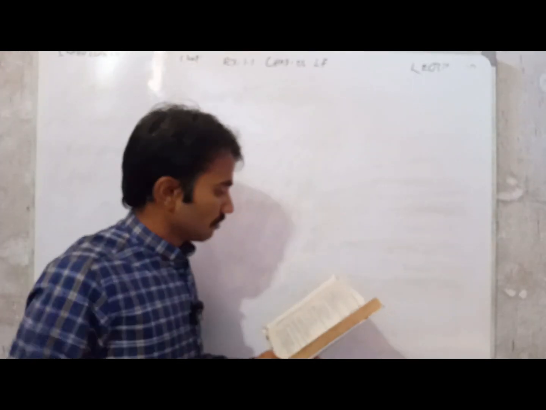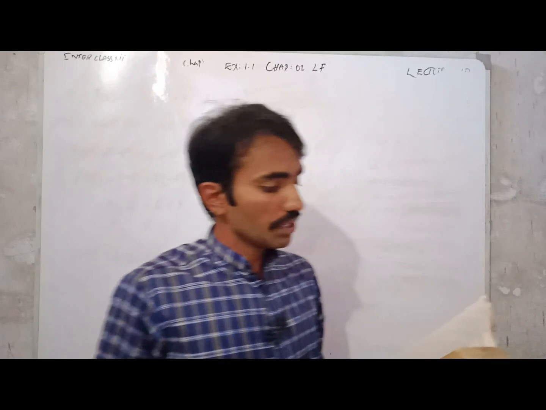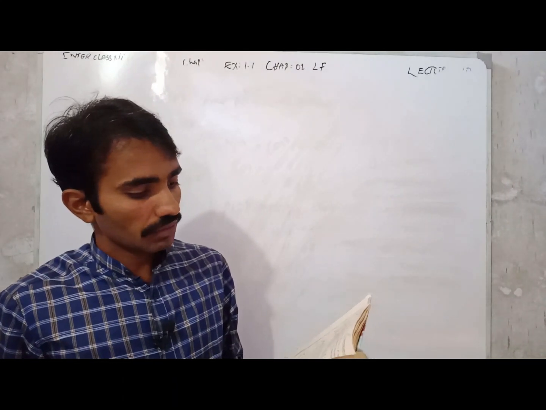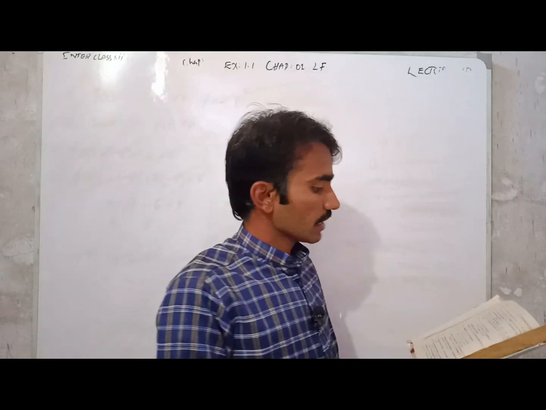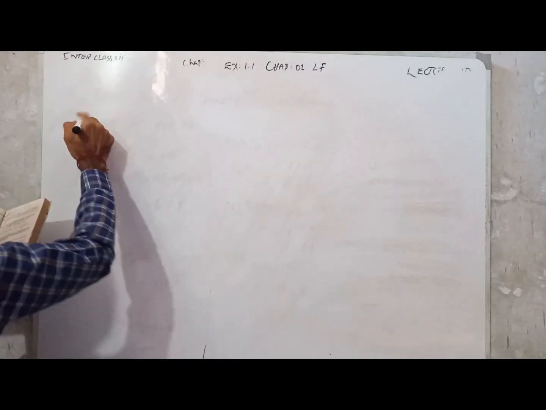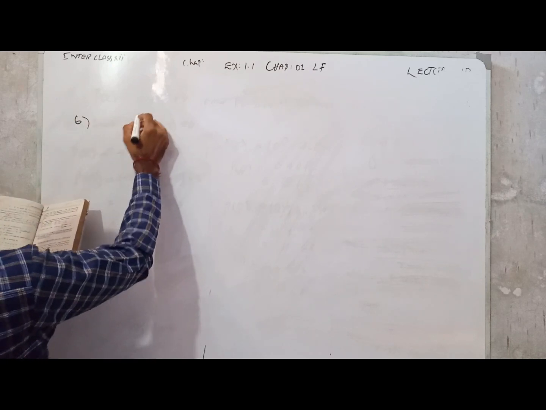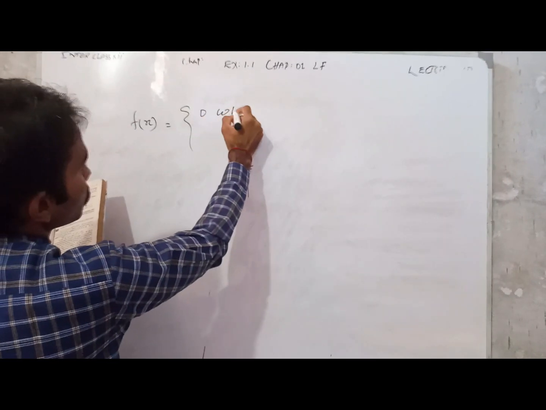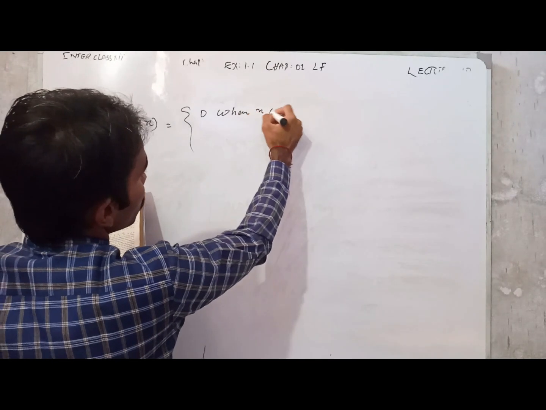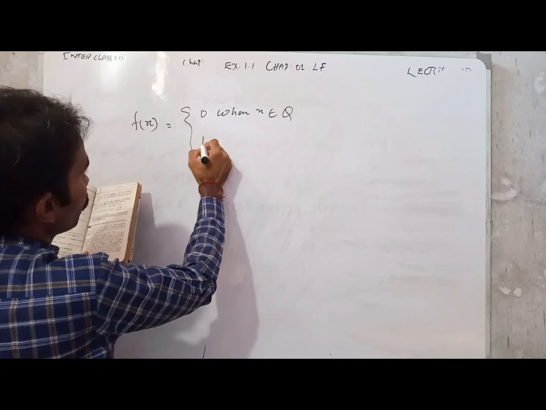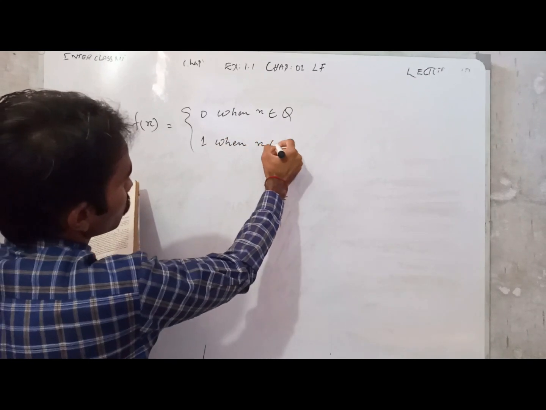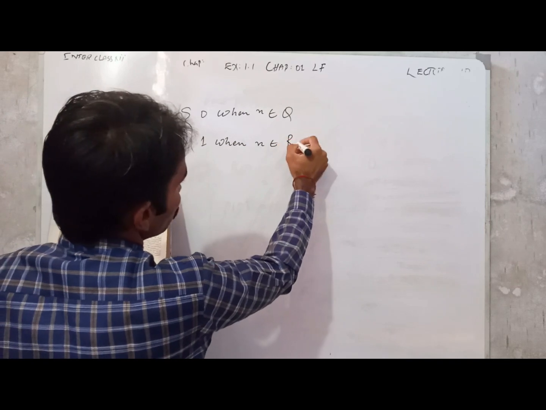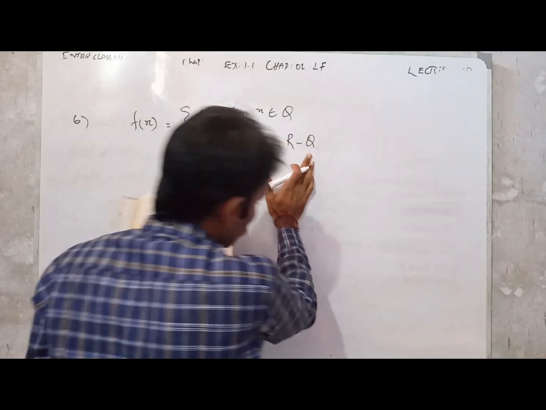What we have to do, we just find that in question number 6, let f from real numbers to real numbers be defined by f of x equal to 0 when x belongs to the rational numbers, and 1 when x belongs to the real numbers minus the rationals.